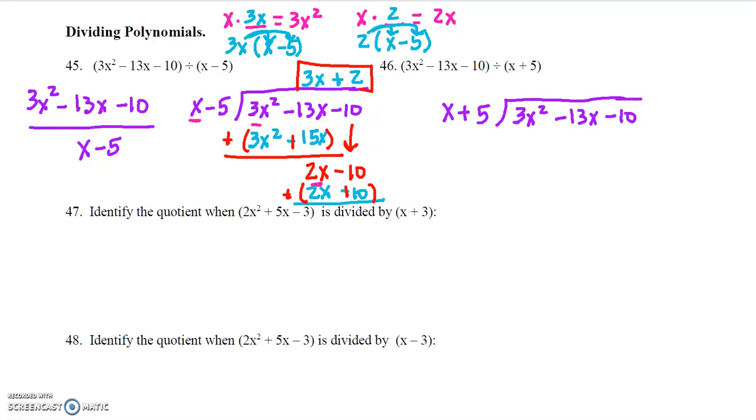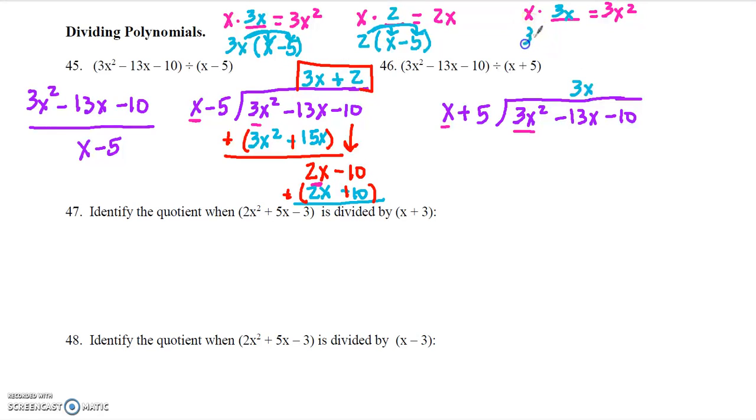Again, I am looking at just my first term and trying to multiply it by something to get this first term. So again, I'm saying x times what is going to give me 3x squared. And it looks like, again, a 3 and an x. I'll put that up here above the 13x, so we have 3x here.